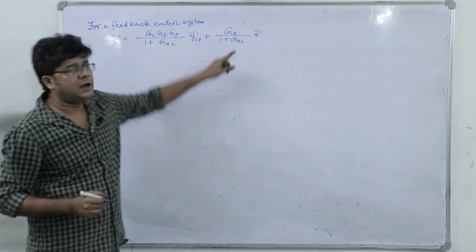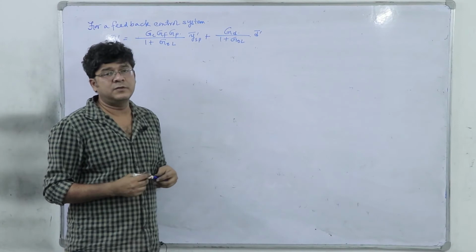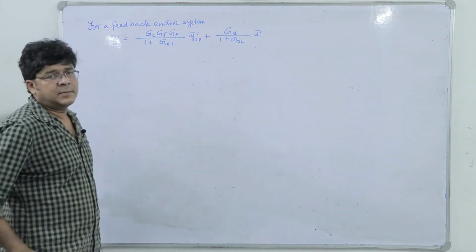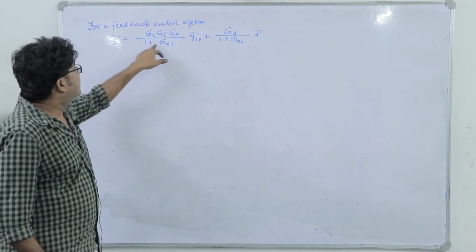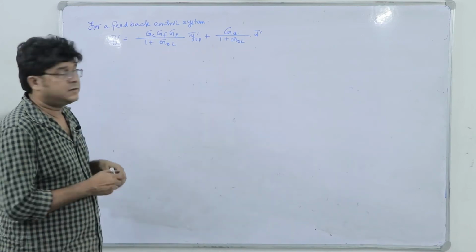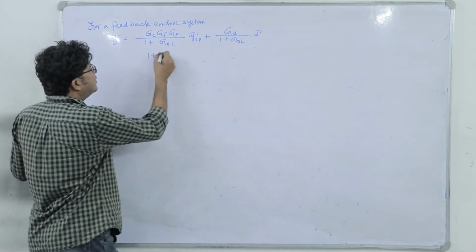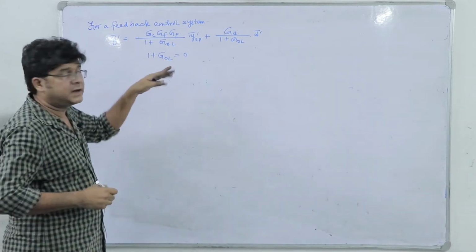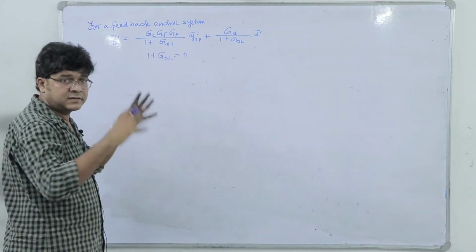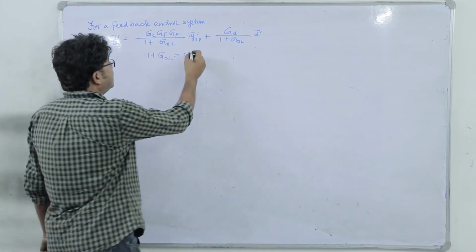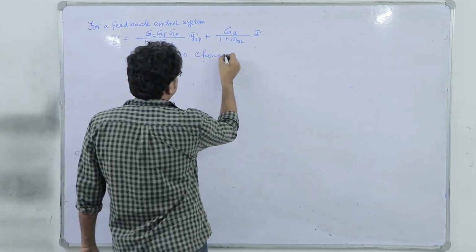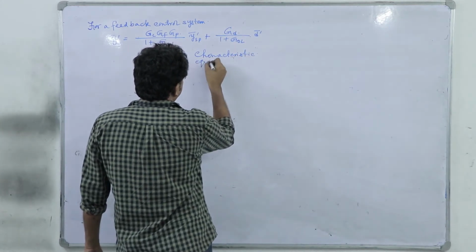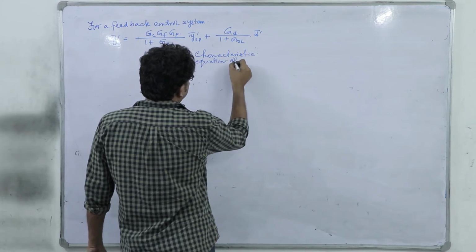So you see both the denominators will determine the sign of the roots, or rather the real part, whether it is positive or negative. It's basically this expression 1 plus GOL. So the roots of 1 plus GOL equal to 0 will dictate the stability of this entire system, and that is called the characteristic equation. This is the characteristic equation of the feedback loop.